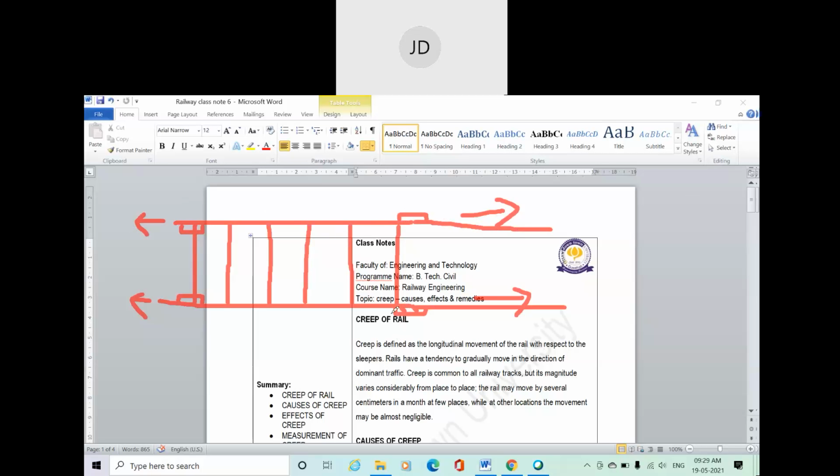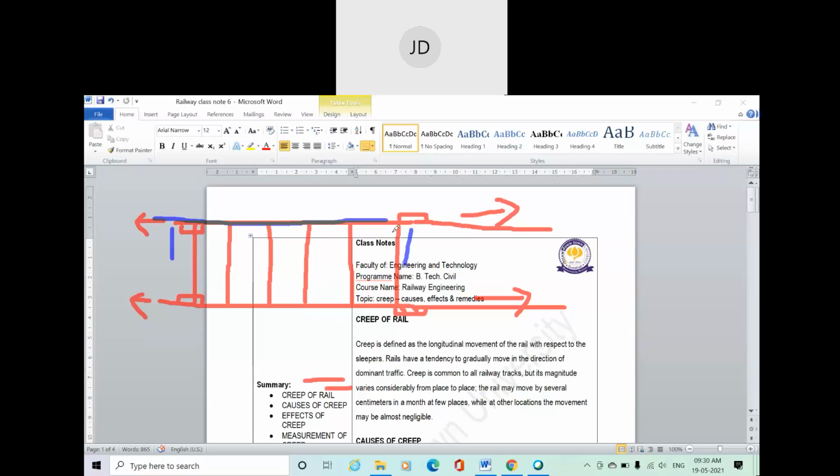And why is it considered a drawback? Suppose I give an example. Suppose this rail part moves in this direction. I'm drawing the new position of the rail with a different color. Suppose initially it was from here to here.